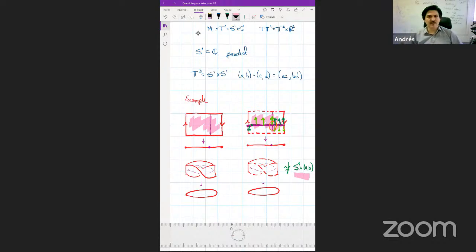The vector will never vanish. However, on the other side, you cannot do it. So here you cannot move a non-zero vector all the way around without it vanishing eventually, but here you can do it.